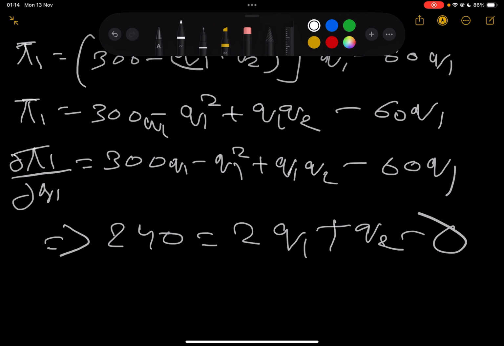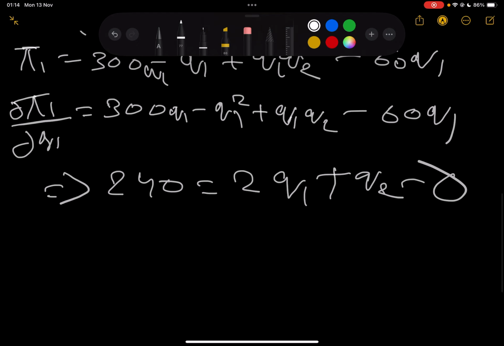Essentially, I'm skipping some parts of the differentiation, because I hope you really know what differentiation is.